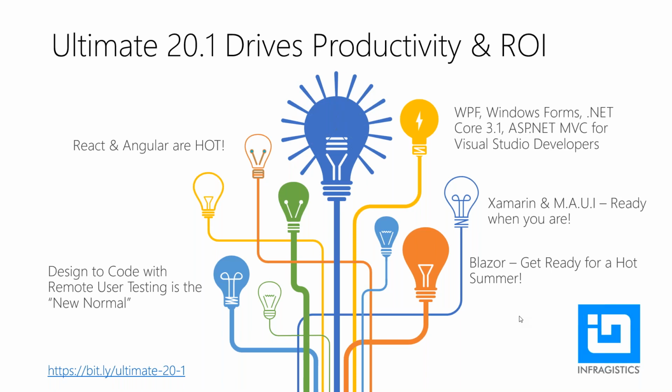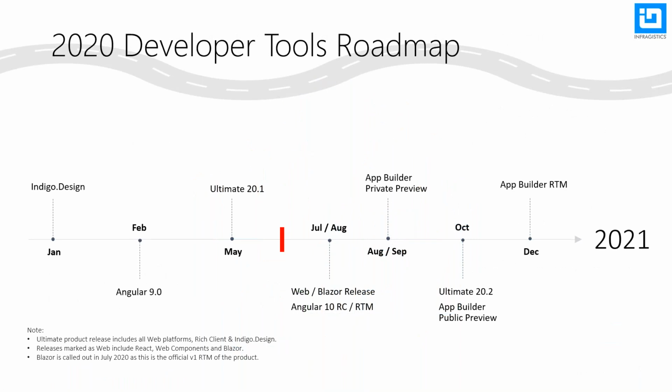You should definitely look at this. Windows Forms, WPF, .NET Core, ASP.NET MVC. There's a ton of stuff for Windows Forms developers, or rather Visual Studio developers in general. And we're going to continue down that path this year. Xamarin and Maui, we're going to be ready when you are. And then finally get ready for a hot summer with Blazor. We're excited about shipping Blazor later this summer, which is really like in a couple months now.